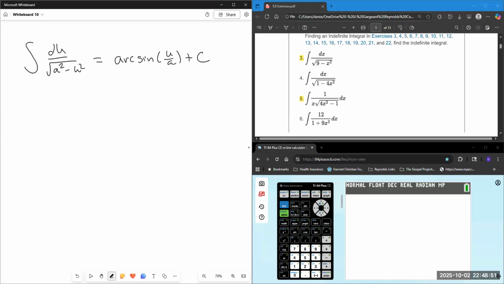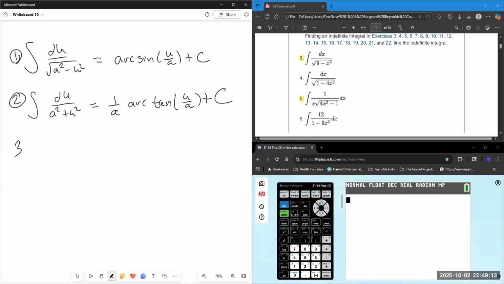Then we have integral of du over a squared plus u squared, and that turns into 1 over a arc tangent of u over a plus c. Form 1, form 2, and form 3 is the more complicated one.